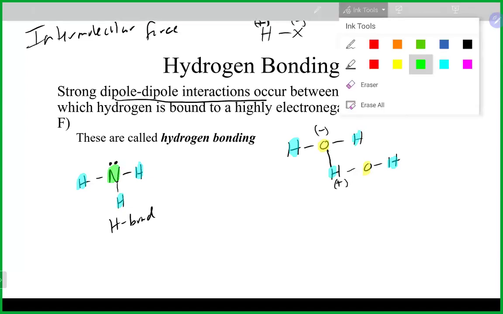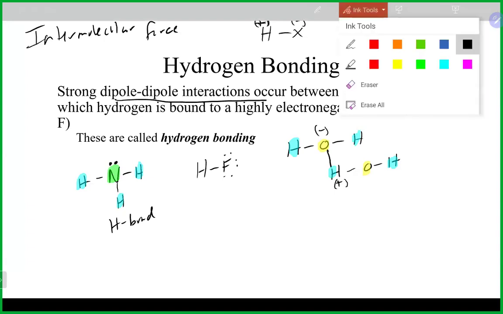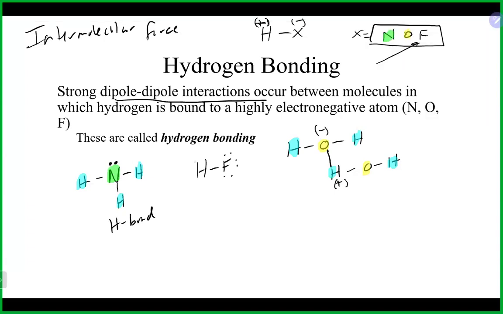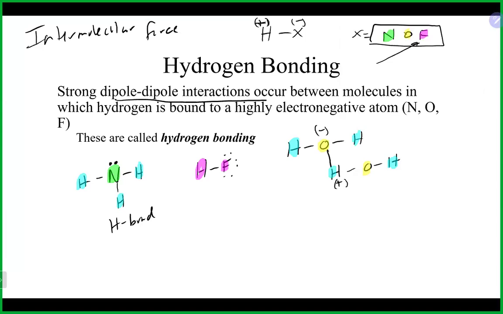Something like HF as well can hydrogen bond because, as you can see here, our hydrogen is directly attached to a fluorine in this case. So all these guys are examples that can hydrogen bond. By the way, they could hydrogen bond with themselves. They could also hydrogen bond with different molecules as well that have the ability to do so.